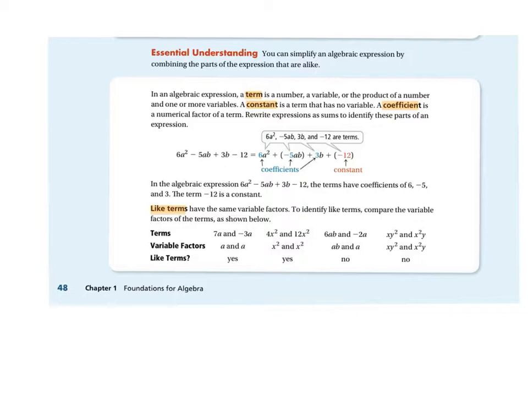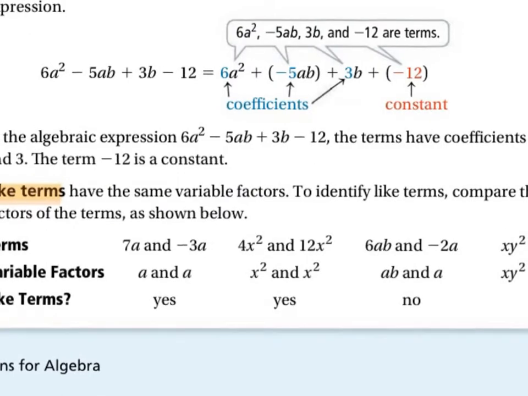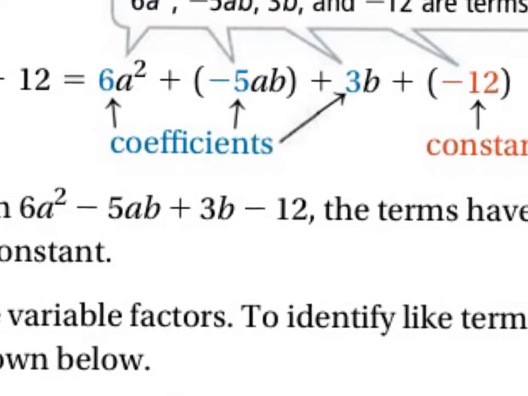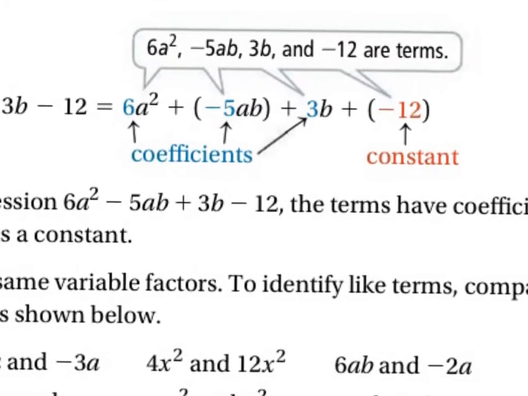So the bottom of page 48 goes through all this stuff that we just mentioned, and they mention some things we already talked about. You can see here in blue they've highlighted some coefficients, in red they highlighted a constant there, and they've also highlighted what the terms are here.